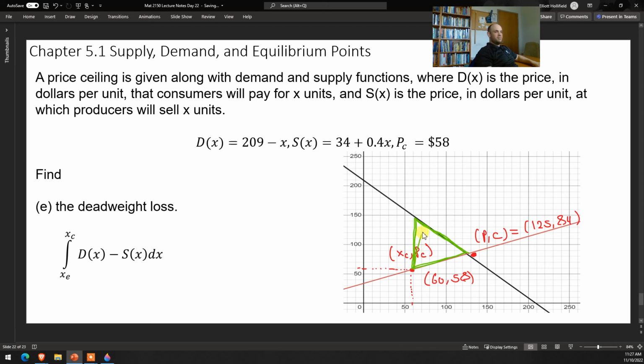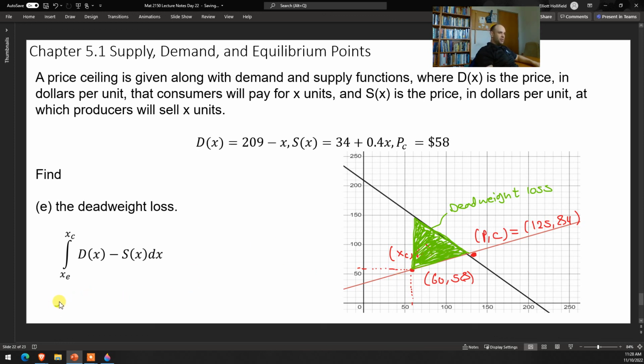Given the price cap, we have all of this excess area. We can consider this as loss versus the price consumers are willing to pay versus the price the producers will charge, given that there is a price cap, which is why we call this a deadweight loss. It is the difference between these curves given that the price can be no bigger than the price cap.